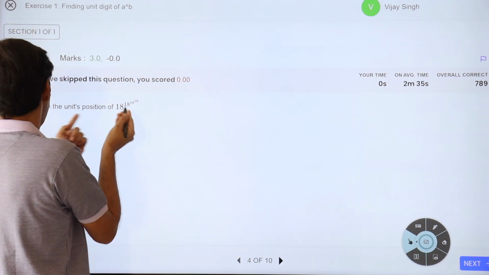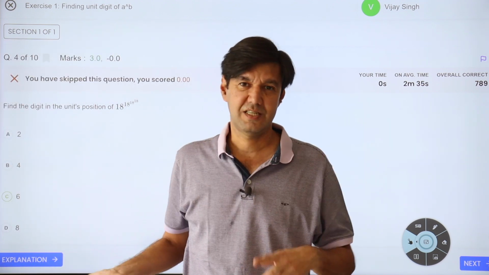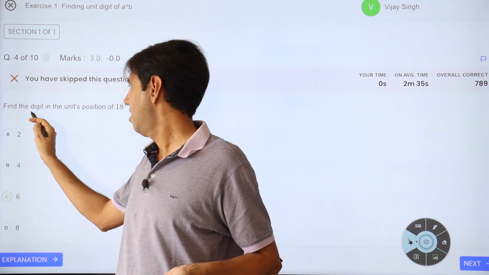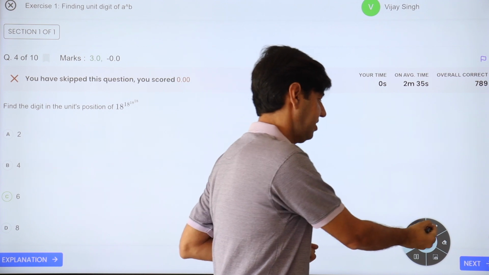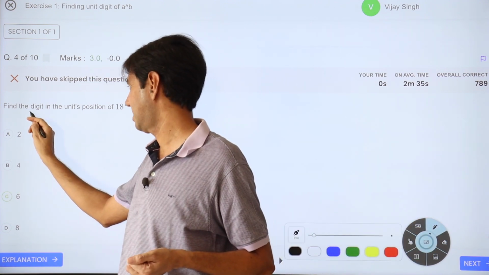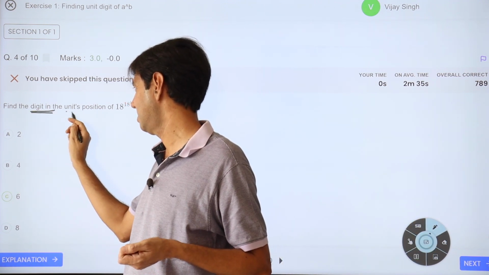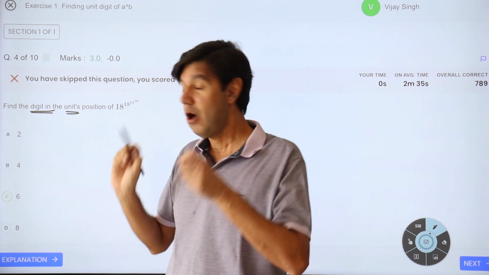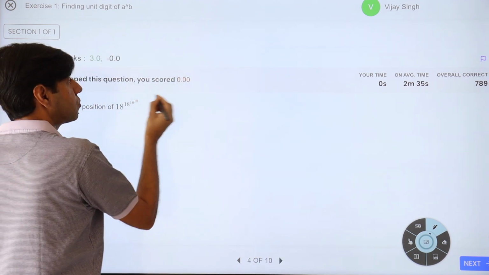Now this question, a lot of students got stuck on this question. Find the unit digit, the digit in the units position of this. So the stage is set.